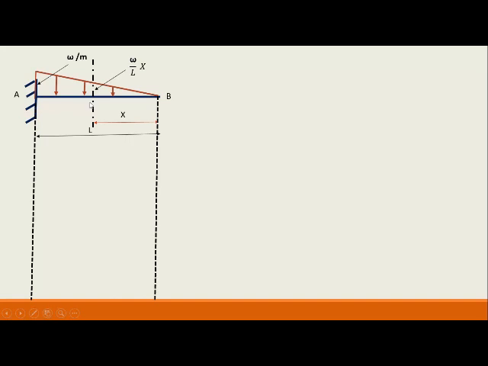So we have taken the property of triangles or the unitary method. At a distance of L, it is omega. So what will it be at a distance of 1? It will be omega by L. What will the value be at a distance of x? It is omega by L into x. So it is omega by L into x at a distance of x, the ordinate value.